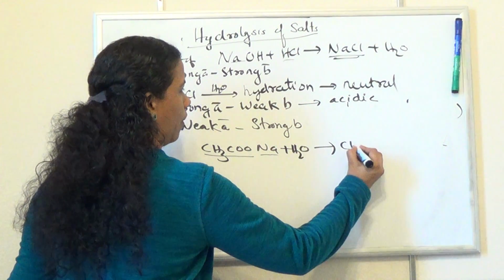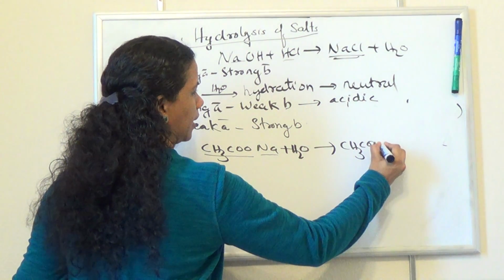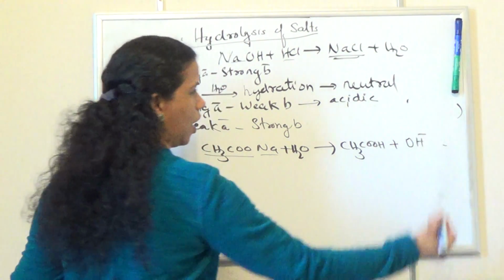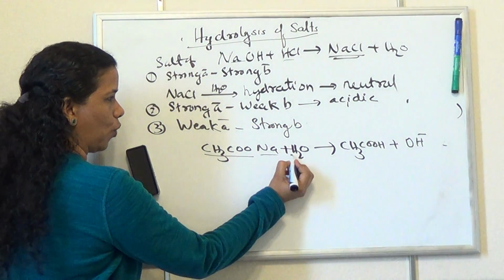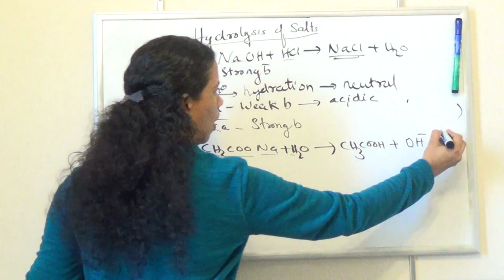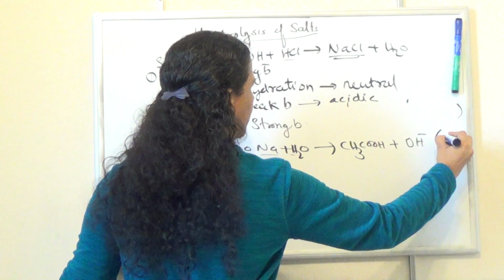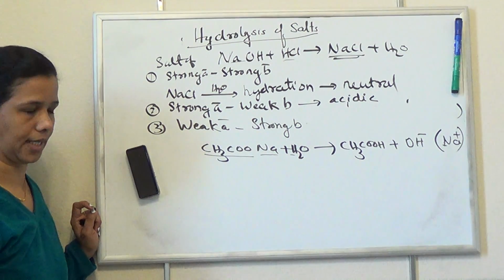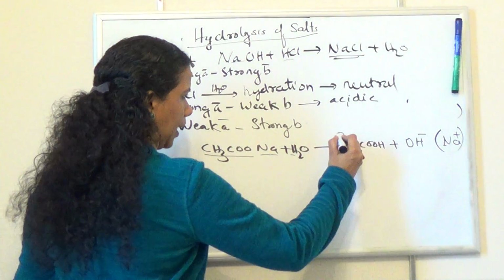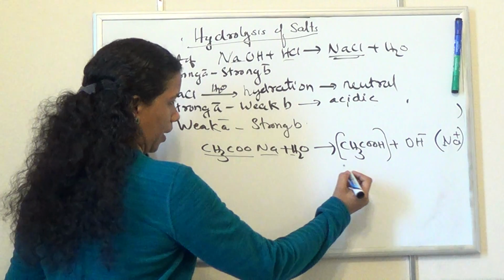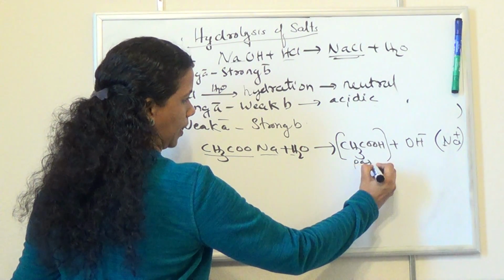So what will form? The weak one will form acid, and what remains in water? OH minus, because in water H plus is taken by acetic acid and OH minus remains. Then Na plus will remain there as hydrated. Here we know that acetic acid is a weak acid. It will undergo only partial dissociation.